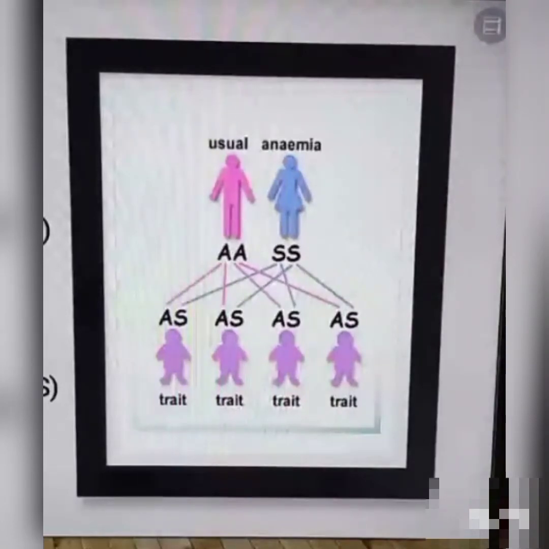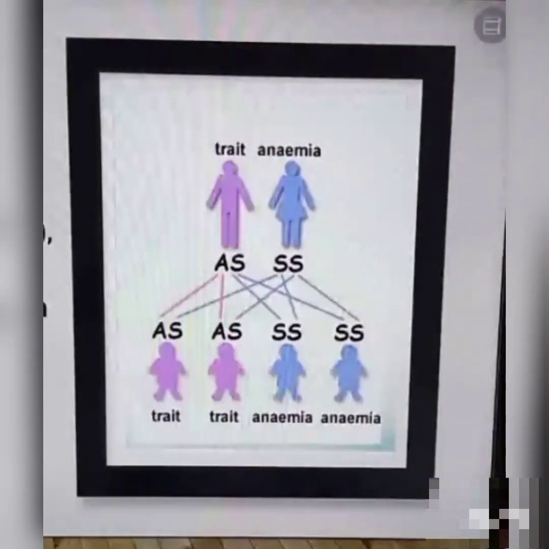So that's why we tell people, look, if you have SS, the only person that it would be reasonable for you to get married to, forget love, forget "oh, it's the love of my life", is an AA person. An SS person, you cannot go and marry someone that is AS because you are risking the chances that you give birth to sickle cell patients.